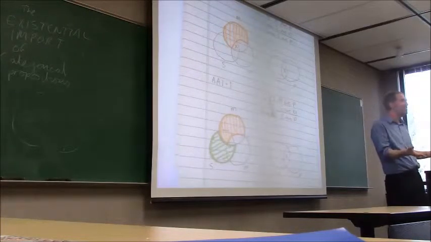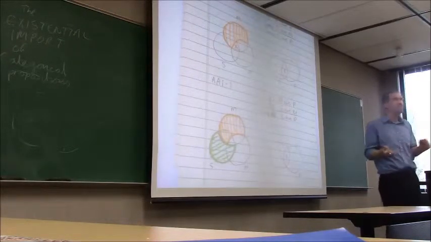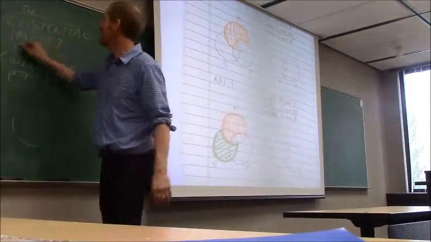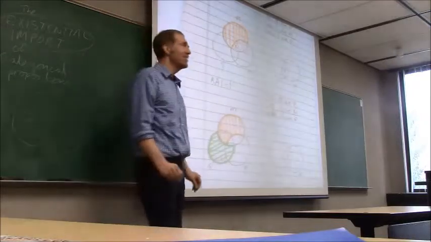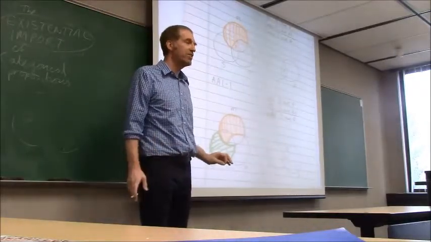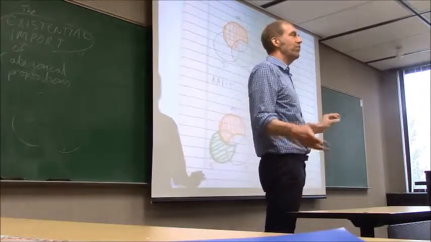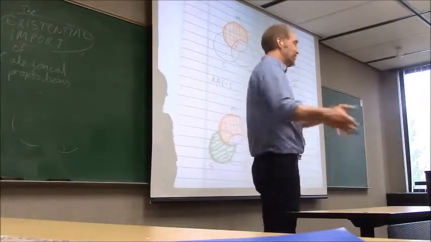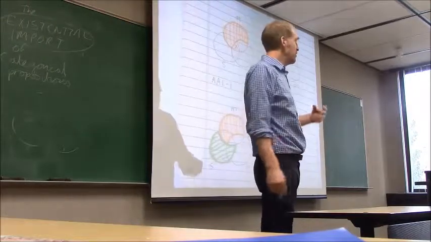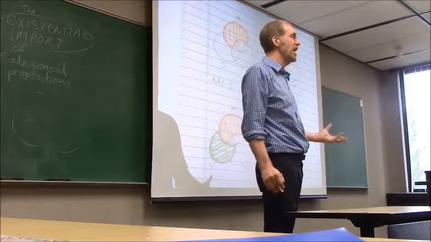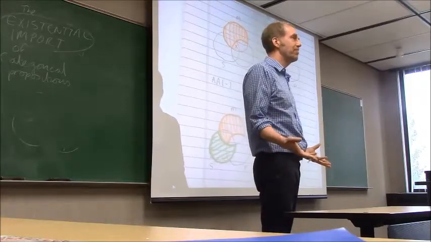So it seems like we want to say it's true, but then it seems like we don't want to say it's true. The reason why we don't want to say it's true is because we are troubled by this. The existential import of a categorical proposition is its implications; import here is in the sense of implications rather than bringing into a country. So the implications that the truth value of a proposition has for what exists.